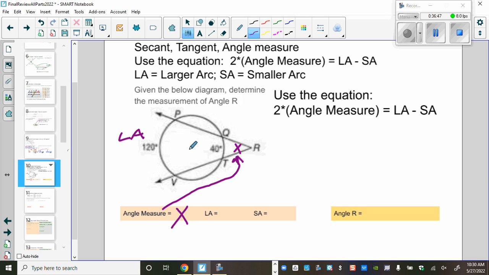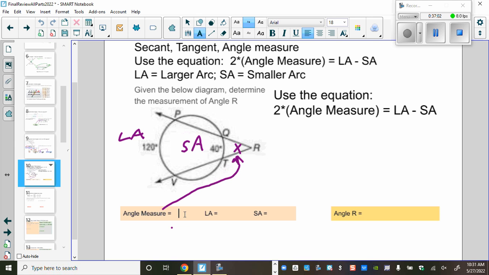And then the smaller arc has to be... so LASA. I'll type that stuff in right here.